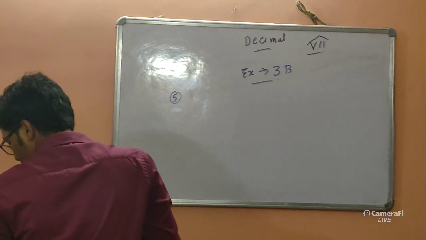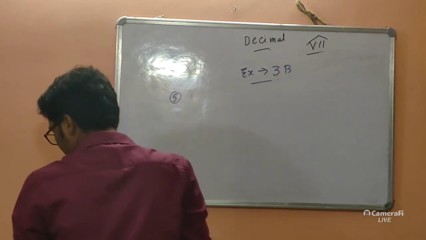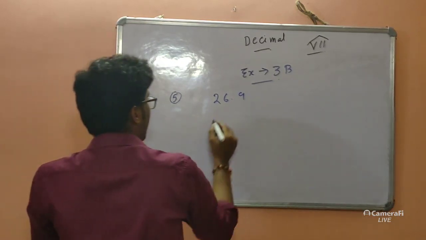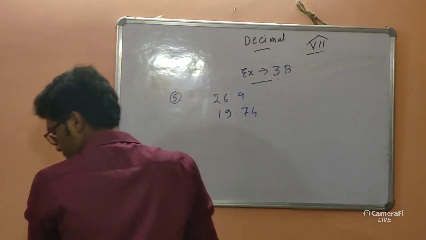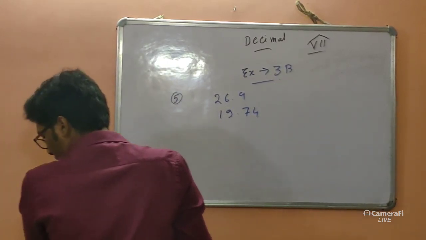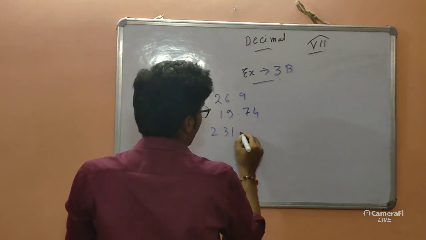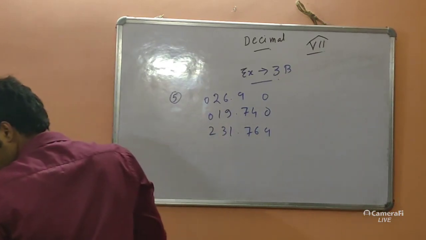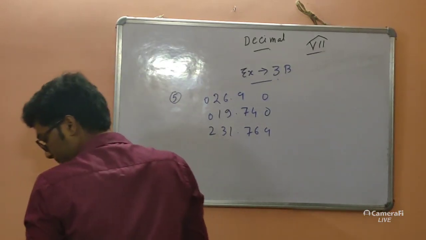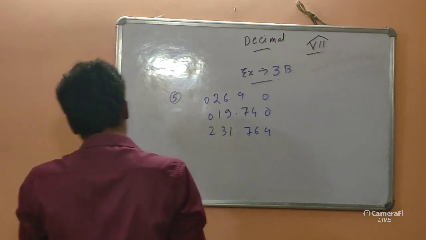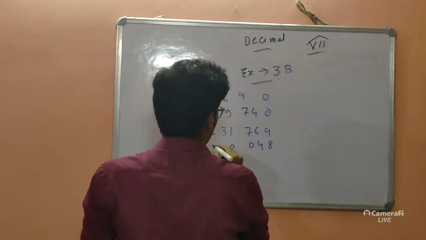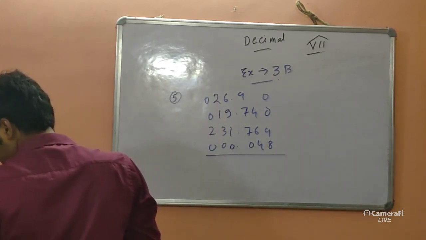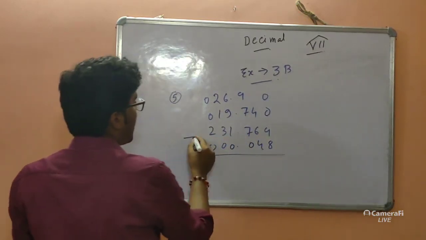Again, first we write and convert into like decimals. 26.9, 19.74, 231.769, 0.048. Okay, so now you can easily add them.